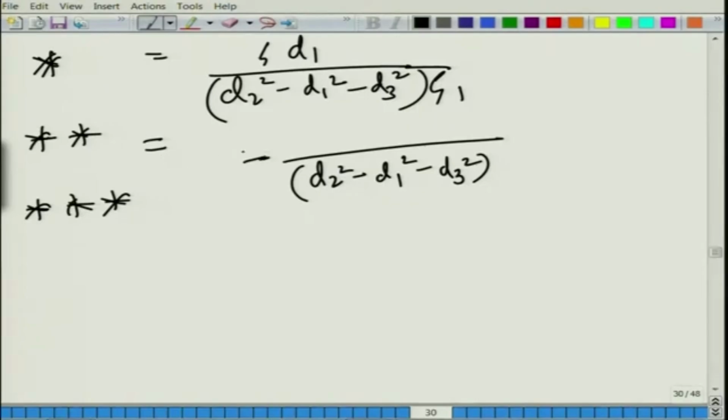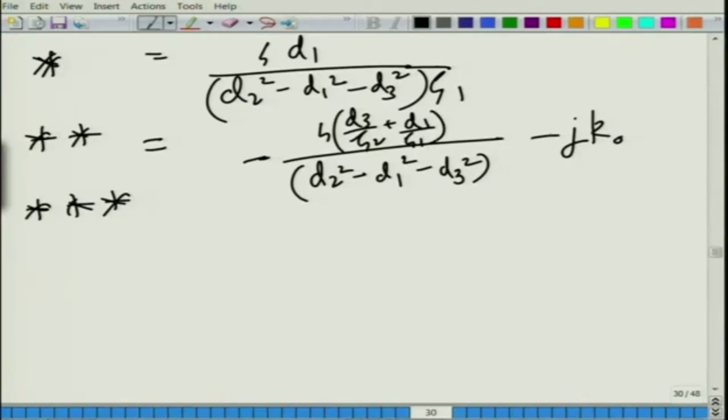So, I would write it here minus j k naught, and in the numerator of this term would be your 4 times d3 zeta 2 plus d1 zeta 1, okay.